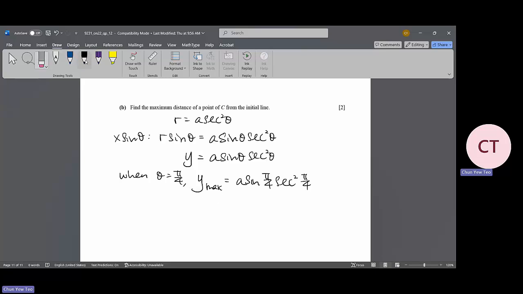This maximum height is actually at theta equal to pi over 4. So this sine is 1 over root 2, and this one is root 2 over 1. So it's a 2, so the answer is 2 over root 2, which is root 2 a. So that is your answer, the y max.